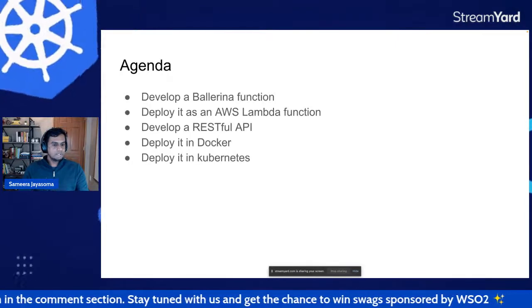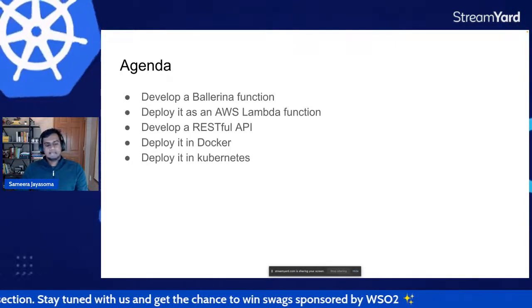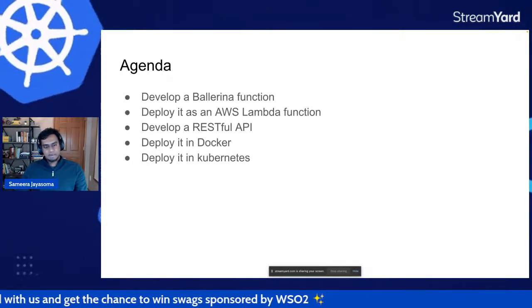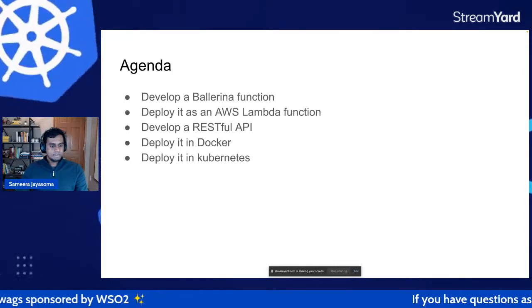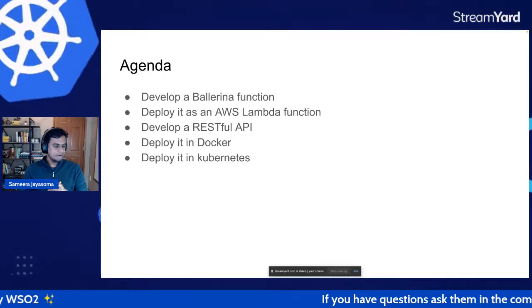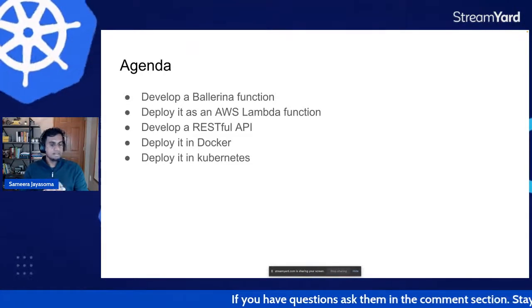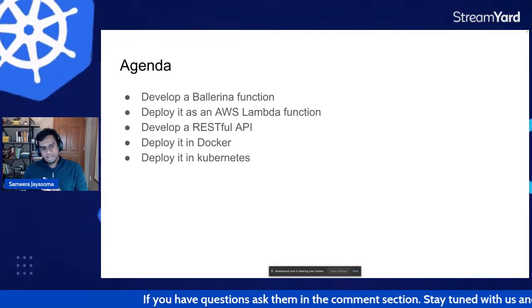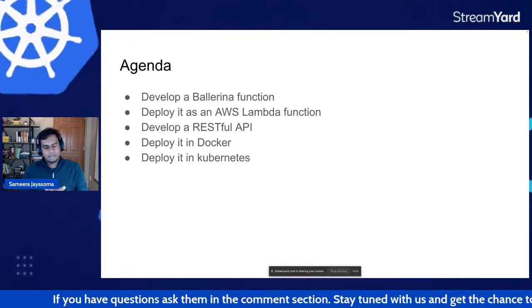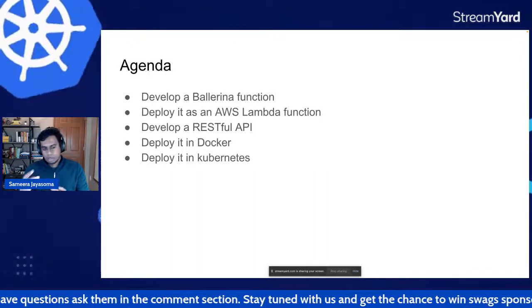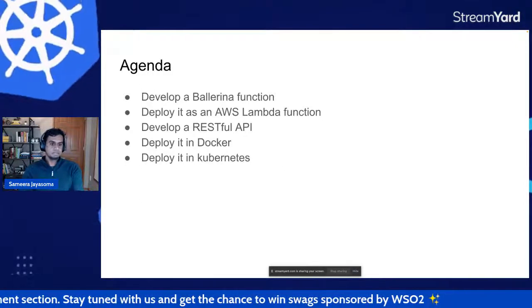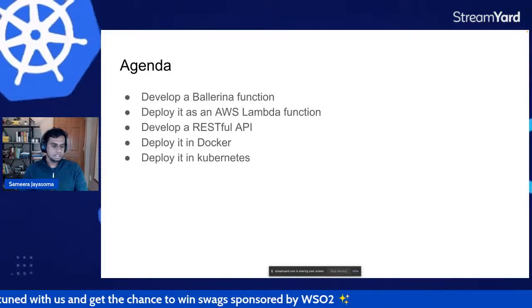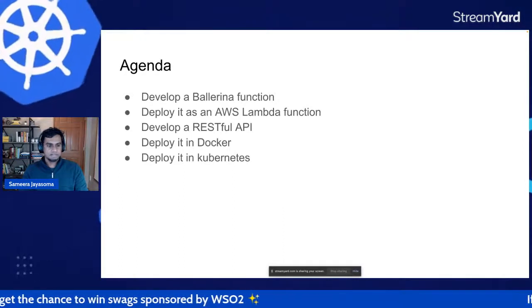Then let's deploy that function as a Lambda function in AWS. Let's see how it goes. Then we can convert the Ballerina function that we have developed into a RESTful API. In that, I'll show you how you can write services and resources using Ballerina. Then we can deploy that into Docker and Kubernetes. Sounds good? Okay.